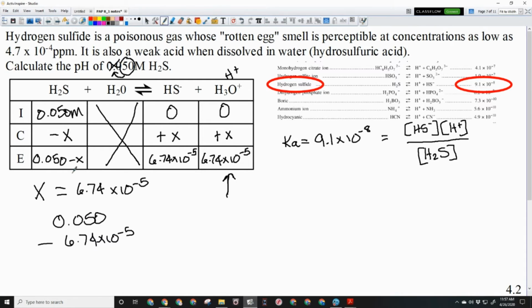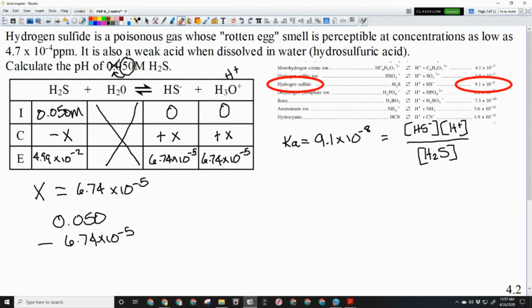Okay, so this is 4.99 times 10 to the negative 2. Let me go up here now and just put this number in here as the equilibrium. Okay, all right, so now we have our ICE chart all filled out.